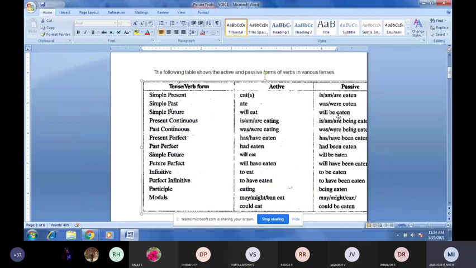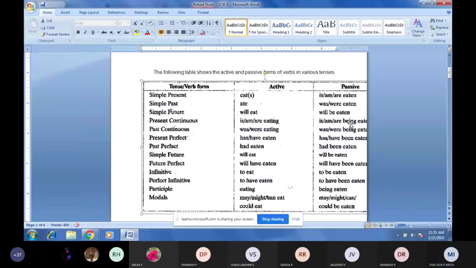For all the simple tenses, no adding, simply auxiliary plus past participle. And for perfect tenses we add been instead of being. So what is been? It is the past participle form of be. Be is the auxiliary, being is the continuous auxiliary, and been is the perfect auxiliary.